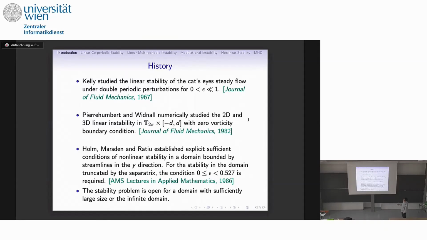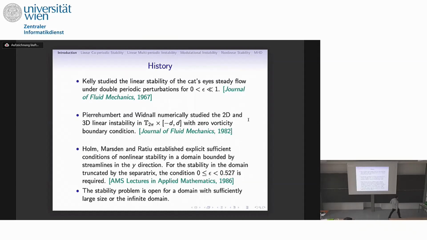And there were also some attempts to justify nonlinear stability by Holm, Marsden, Ratiu, and Weinstein in 1986. But they also needed to do the truncation of the domain.